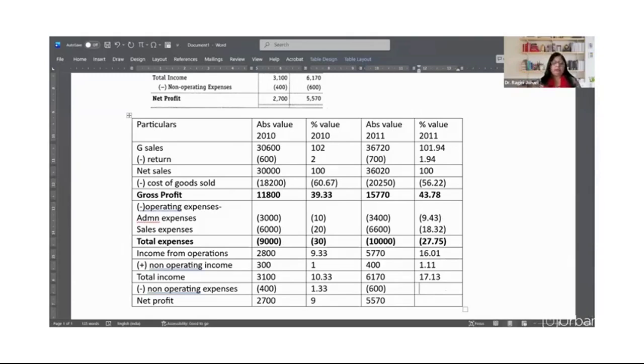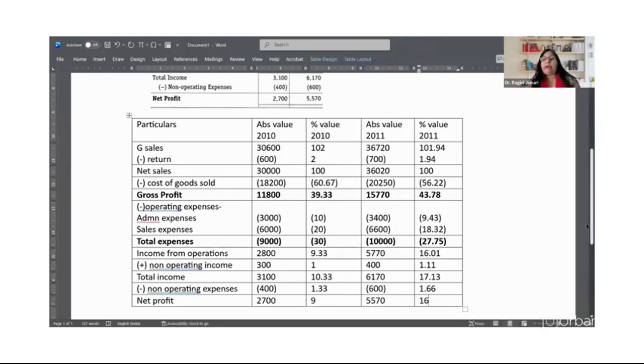Now the non-operating expense, which is 600 in this case, is 1.66%, and finally the net profit, which is 5,770 divided by 36,020, is 16%.